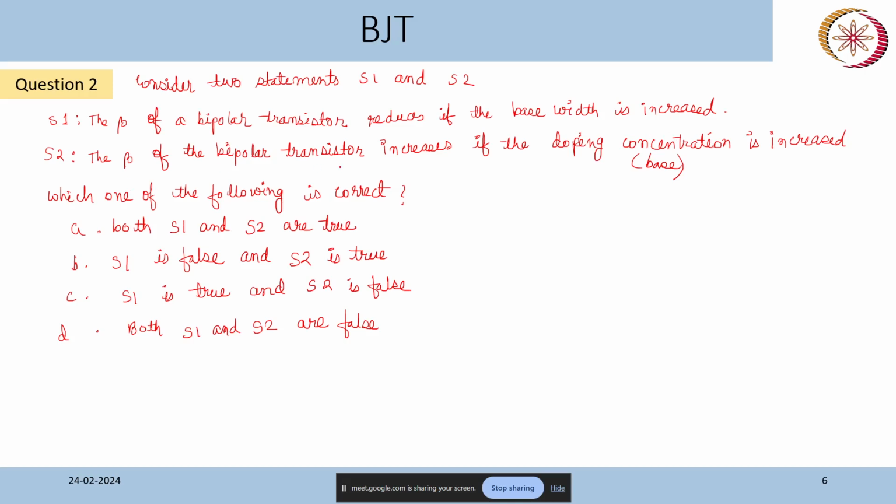The beta of the bipolar transistor increases if the doping concentration is increased, that is not true. So the answer is C, which is S1 is true and S2 is false.